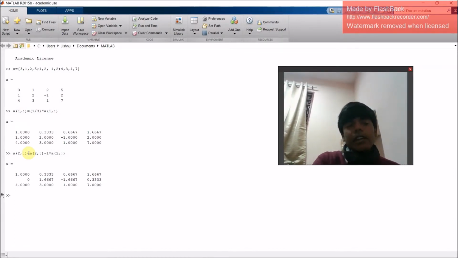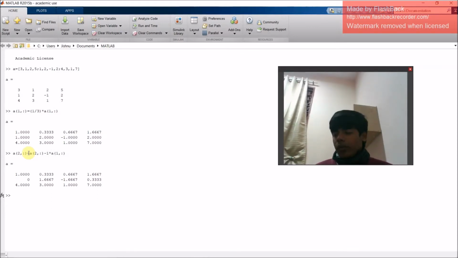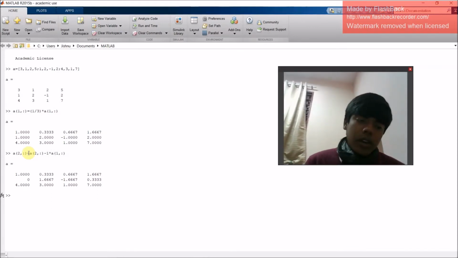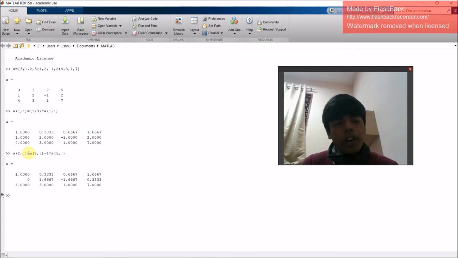So now our objective is to turn 4 into 0. That is the third row. Our objective is to turn that into 0 as well. So let's do that. Now we can do another operation. We can multiply the first row by 4 and then subtract that from the third row.